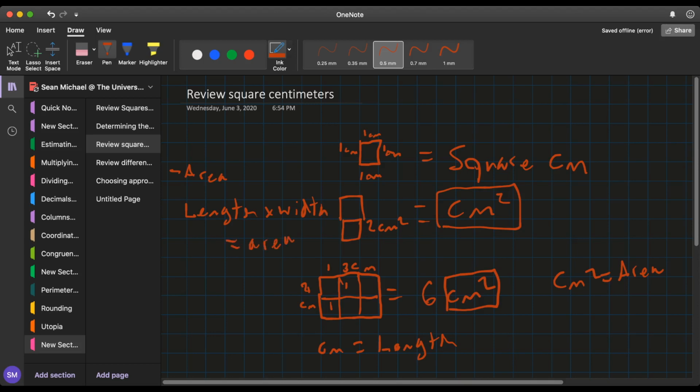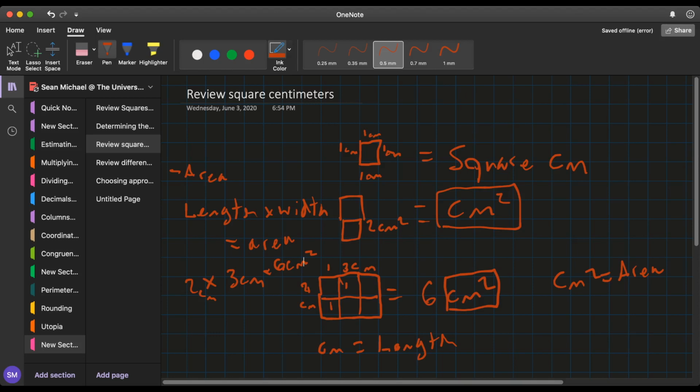And you can see this, right? So if you do 2 centimeters times 3 centimeters, that equals 6 centimeters squared. And the reason why it's squared is because you're timesing centimeters by centimeters.